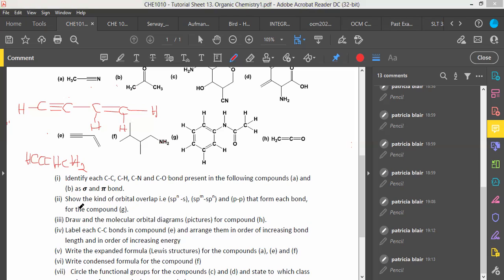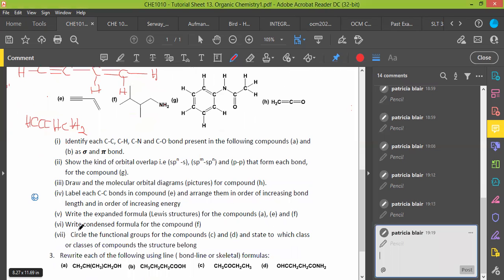And then from here, you have the 8th question that is asking, circle the functional groups for the compounds C and D and state to which class or classes of compounds the structure belongs.